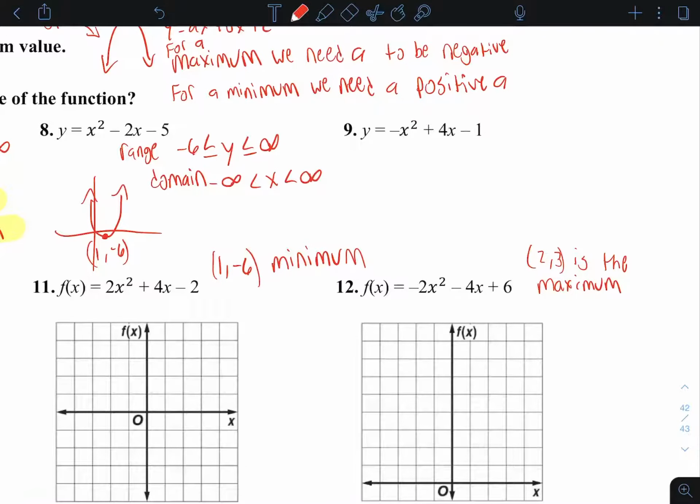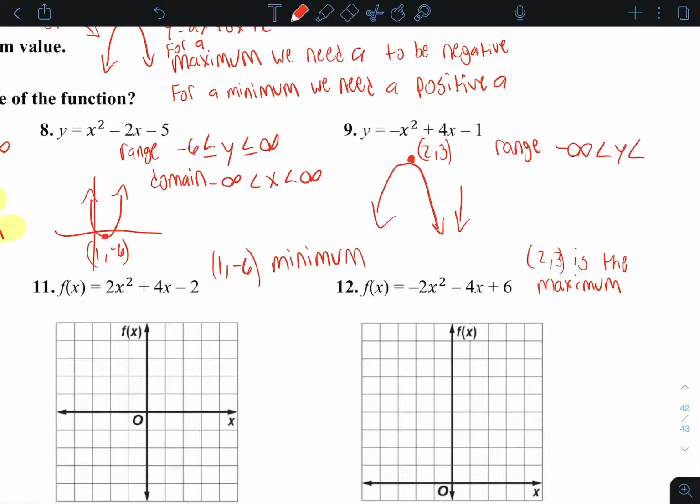On this one, we have that the maximum is 2, 3. That means that somewhere in the space of this graph is 2, 3, and that is going to be the highest point of this parabola. If that's the highest point of the parabola, then that means that the minimum point, the smallest y, is negative infinity.